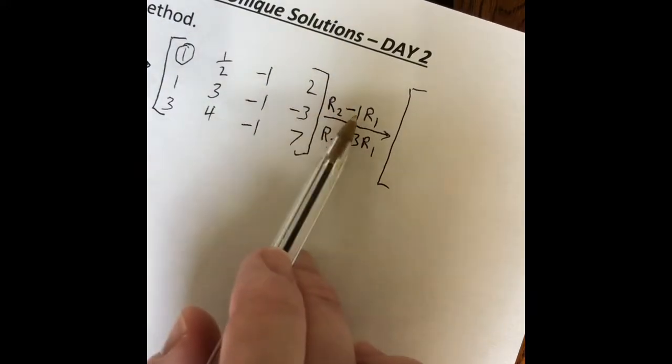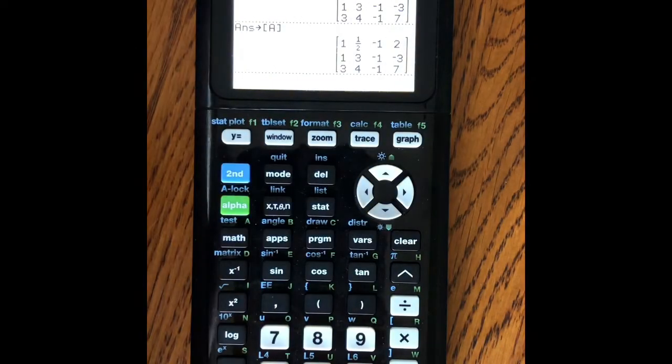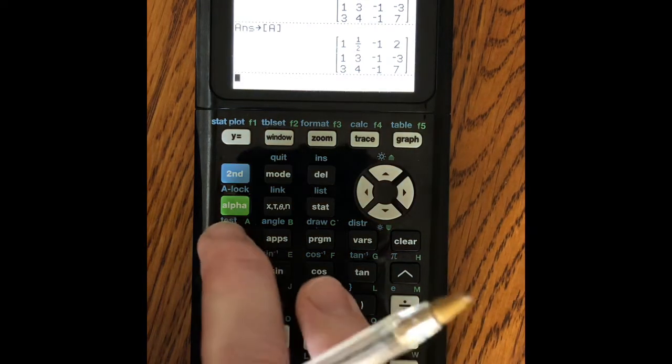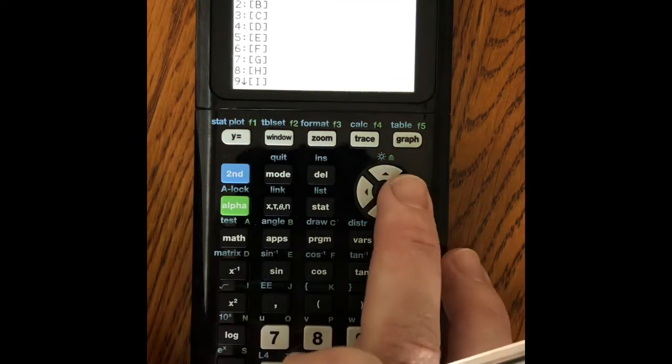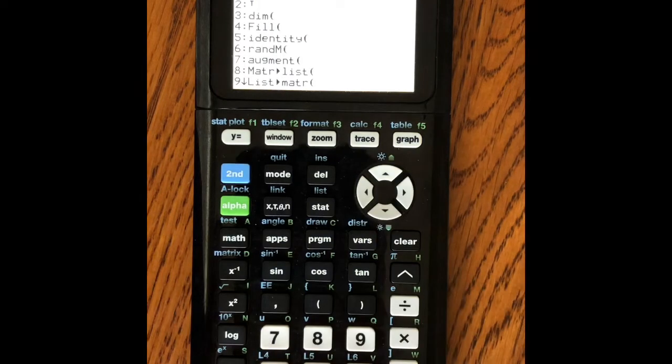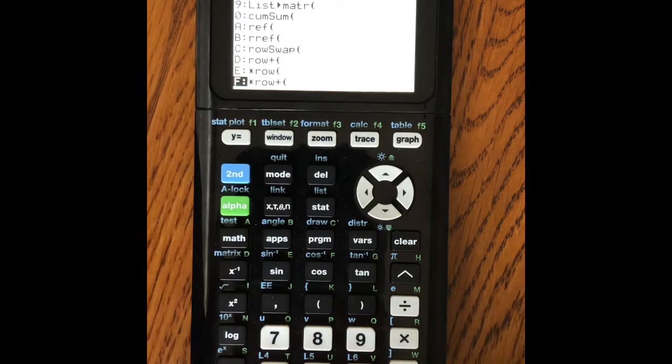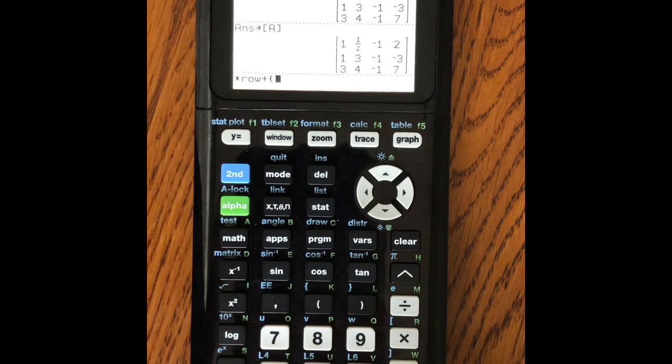All right, so using our calculator, we would do that by hitting second matrix, going over to the math tab, go up arrow until you get to times row plus, hit enter. Our multiplier is -1.